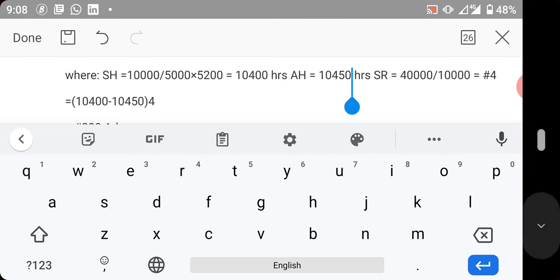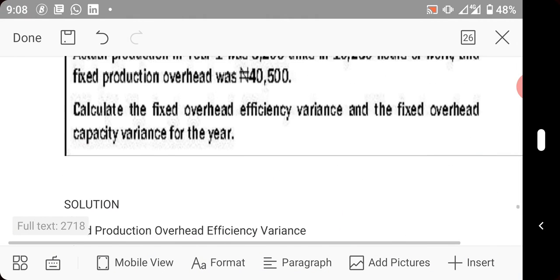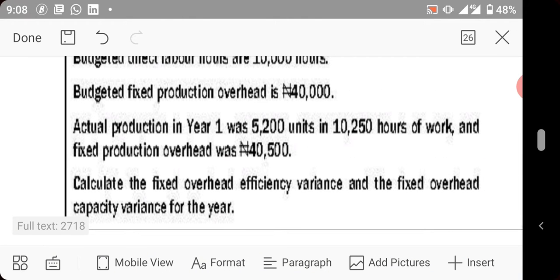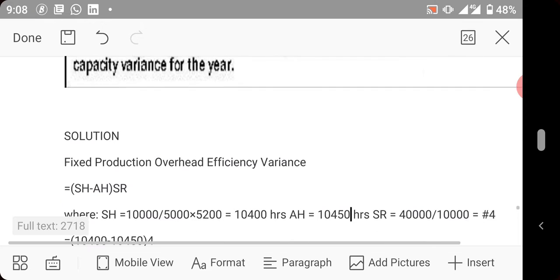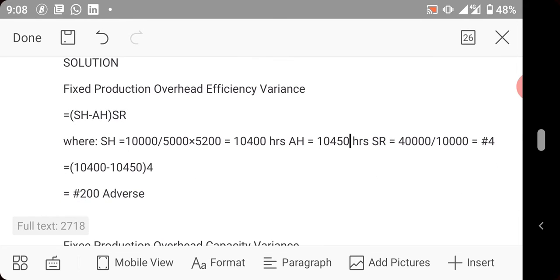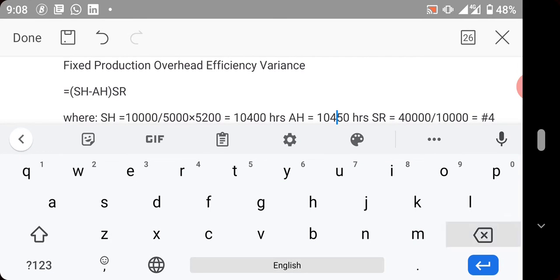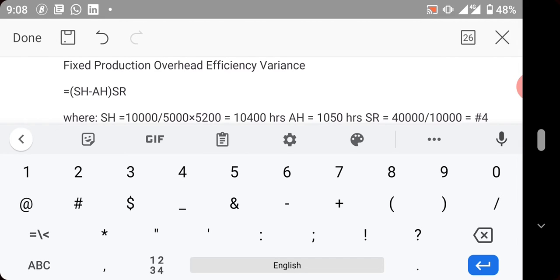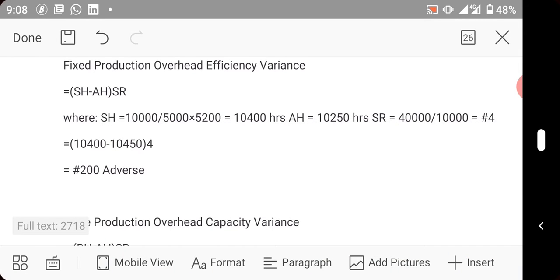Actual hour was already given to us in the question. Actual hour is 10,250. So this will change my computation. Change it to 10,250.